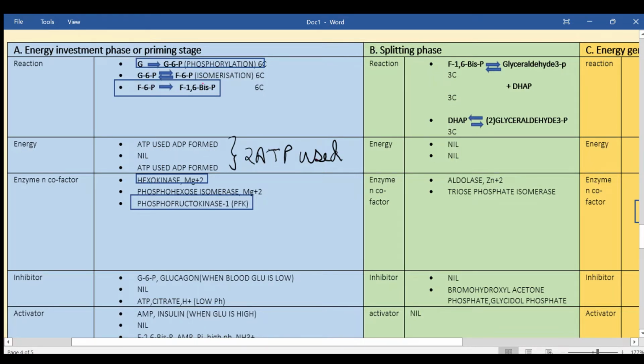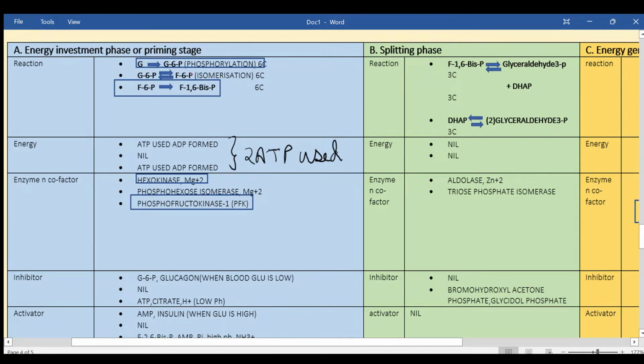And it is very clear from these two steps that I have highlighted here. The first step where one phosphate is added, and in the third step where another phosphate is added, means from ATP phosphate is added. And therefore energy is used up in the first and the third step. But in the second step it is only the isomerization, that is conversion of one isomer into another.